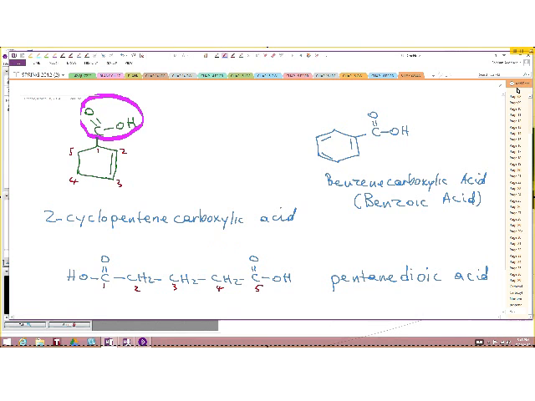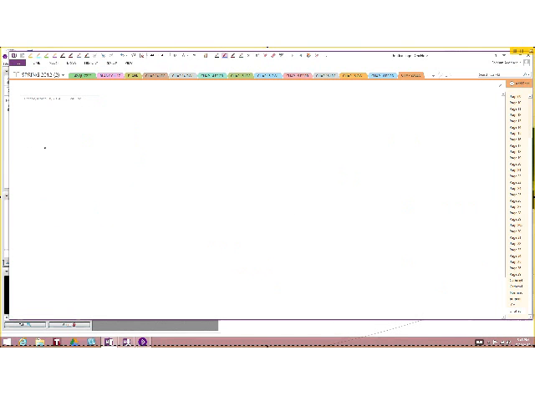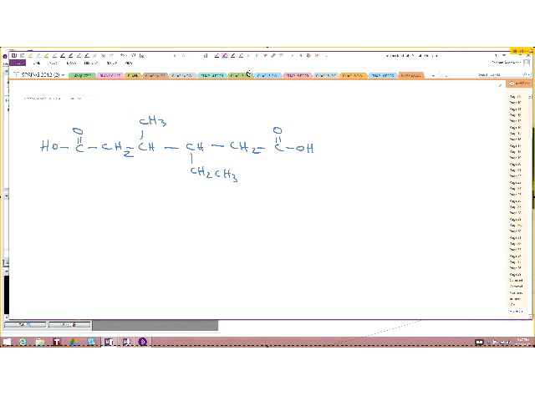Of course, if you have branches, okay, if you have branches, you number the parent name in which the longest carbon chain has got to include both of the carboxyl groups.